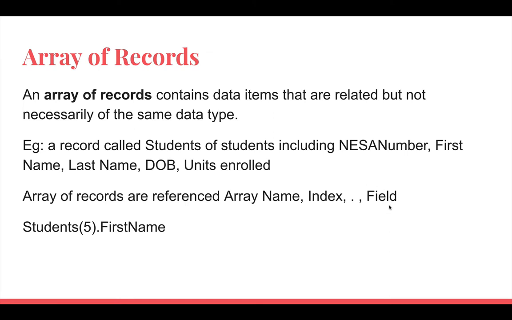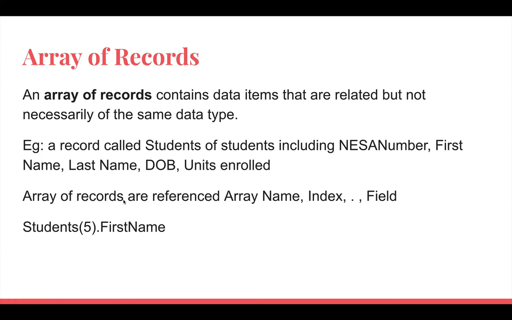So, say I had a list of everyone in our class, okay, and there's 15, 16 people in our class, I think, okay? I would have their NESA numbers, their first name, their last name, their date of birth, and how many units they're enrolled in. Say Adrian, yes, Adrian, I'm picking on you. Say Adrian was the 5th person in this array of records, okay?